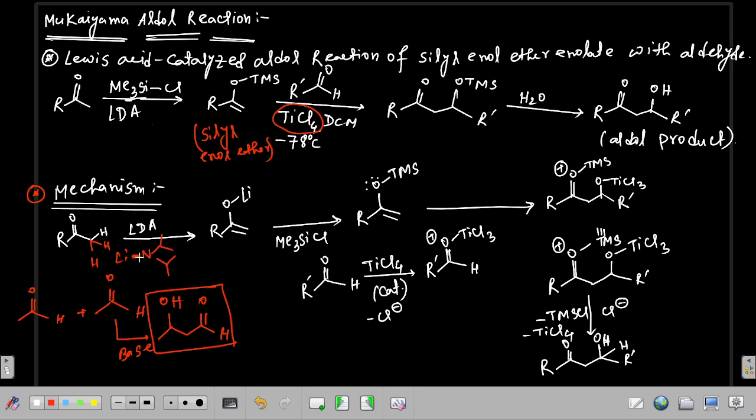It will abstract this proton and lead to the formation of a lithium enolate. Here it will abstract the proton, the lithium attaches to oxygen, and the double bond forms. So this is a lithium enolate.